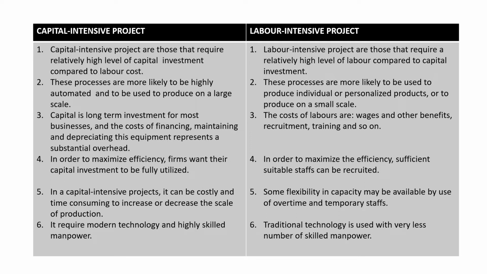Capital project can be time consuming to scale, so that capital intensive project involves tools and equipments which have fixed capacity. For example, if we have bought an equipment which produces soap, it has a certain capacity.